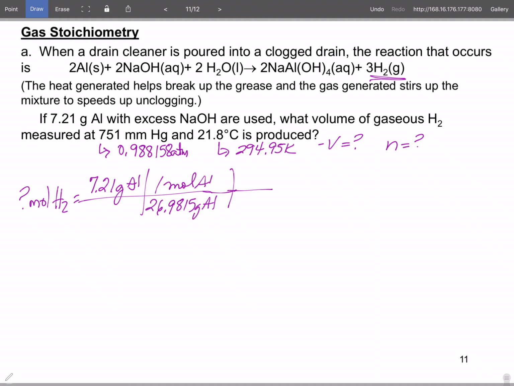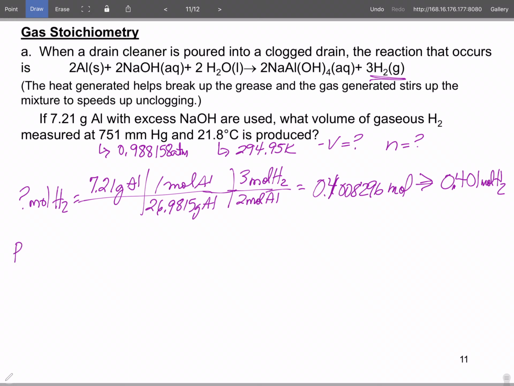And we know that 2 moles of aluminum goes with 3 moles of hydrogen. Now, we want the moles of hydrogen, so we're going to stop there. So we get 4.008296 moles. We've got 3 significant figures, so we're going to stick with 0.401 moles of hydrogen gas that's generated.